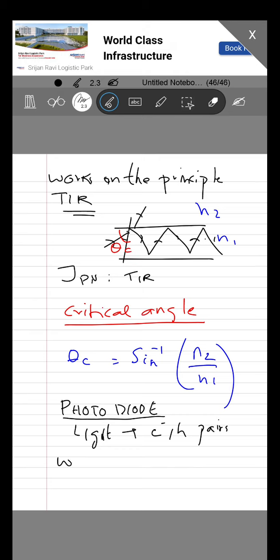Which wavelength will it respond to? It depends upon the material.